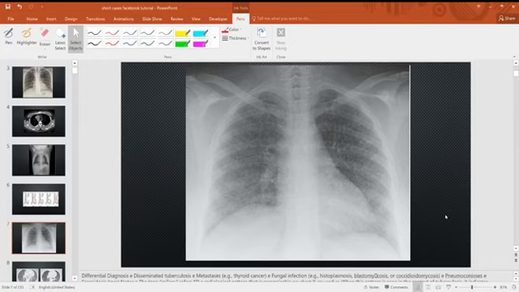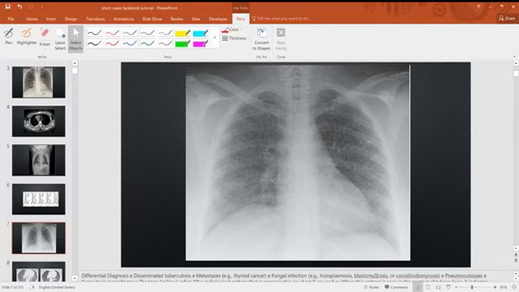This patient has a cough and is immune compromised. What do you see here in this chest X-ray?